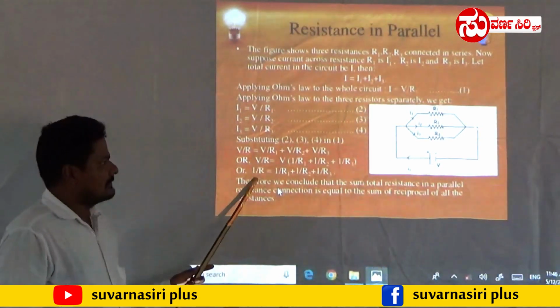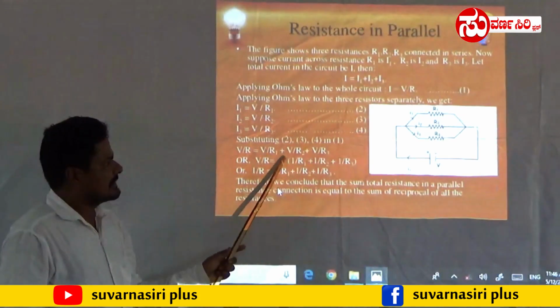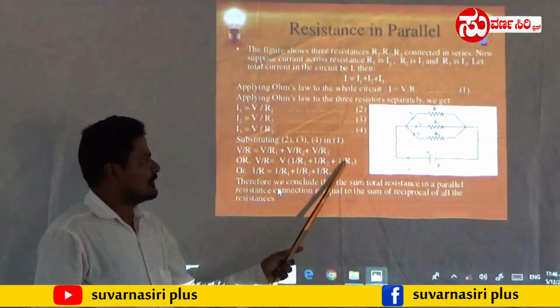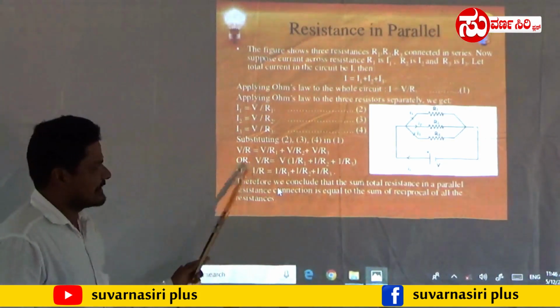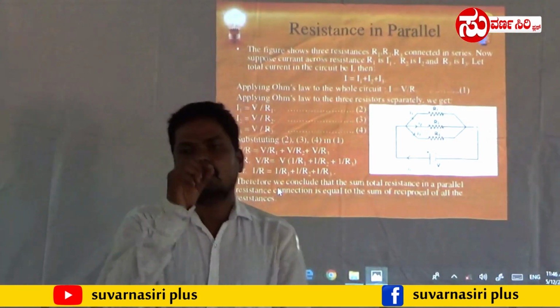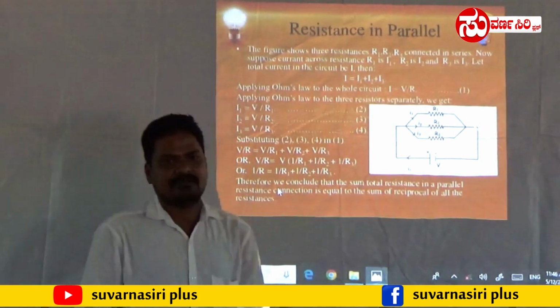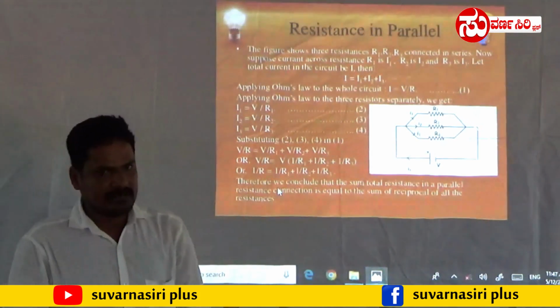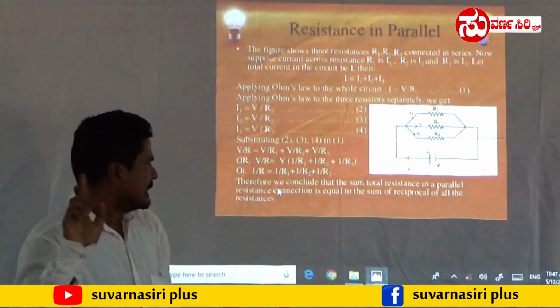So here V by R equals V times 1 by R1, 1 by R2, 1 by R3, so here V gets cancelled. So for the parallel combination, the total resistance is 1 by R is equal to 1 by R1, 1 by R2, 1 by R3.